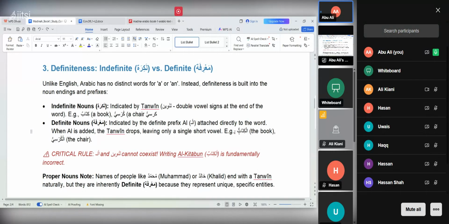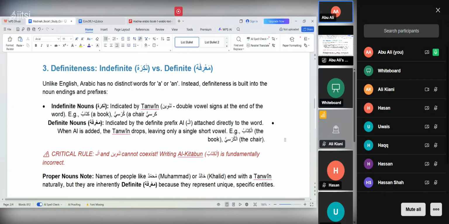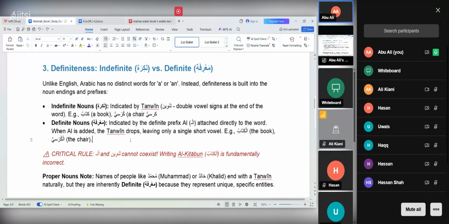The tanween is used to describe something that is indefinite, and this word has been defined by adding al-tarif. This is in case you want to Google it later. al-tarif. This is how it's written. If you want to Google it later. al-tarif. The L of defining.